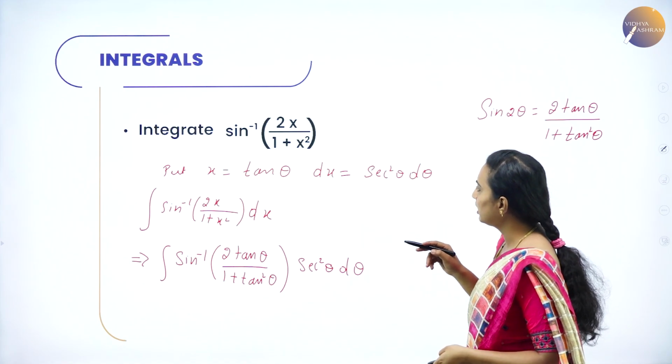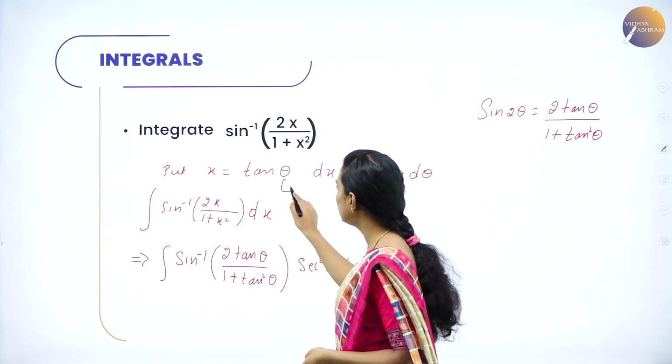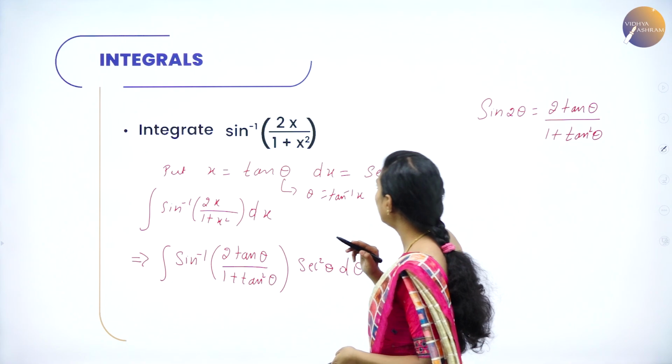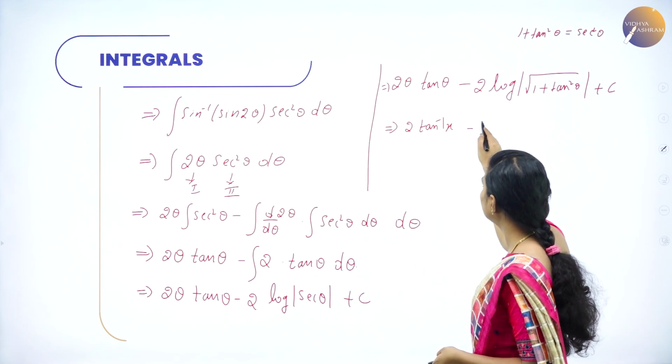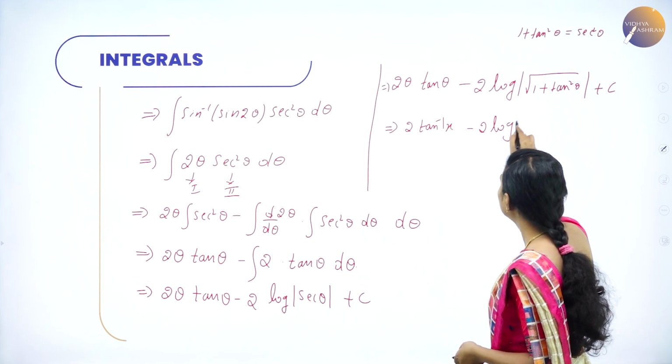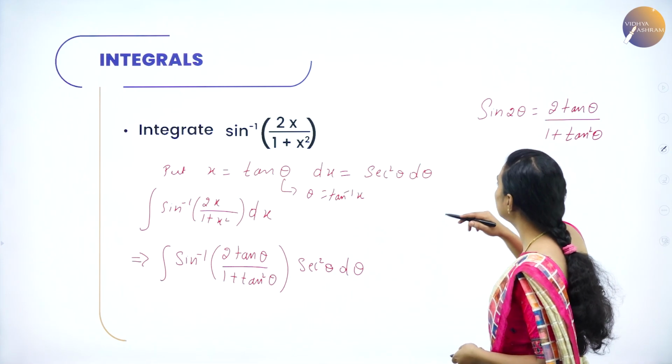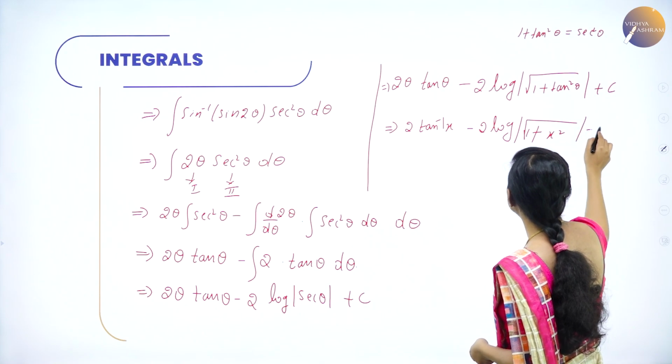Here, tan inverse of x. See, theta, if you bring it in the form of what? Theta is equal to tan inverse of x, right? So, that I am writing tan inverse of x minus 2 into log of modulus of under the root of 1 plus tan theta is nothing but we have taken x squared plus c.